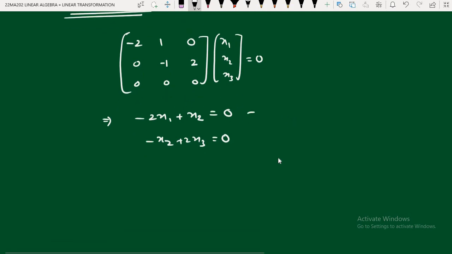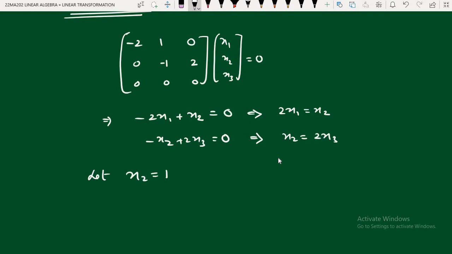So from this we can get 2x1 equal to x2, and from the next we can get x2 equal to 2x3. Both these equations depend on x2, so I will choose x2 equal to 1. If I choose x2 equal to 1, we get x1 equal to 1 by 2.